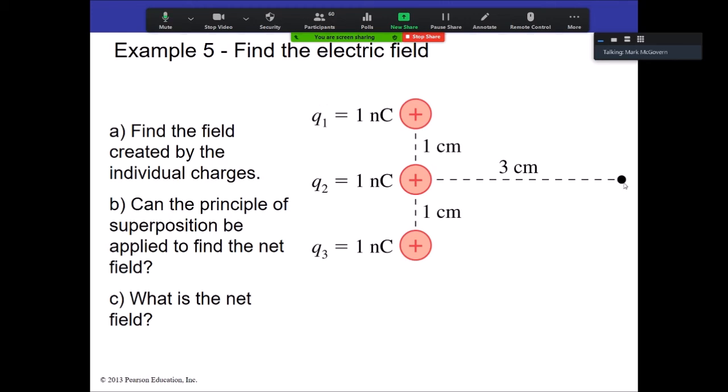Anyway, we are interested in what's happening right there. Now, can the principle of superposition be applied to find the net field? Well, force obeys superposition. Do fields obey superposition? What's the relationship between force and a field? It's a scalar multiplication.